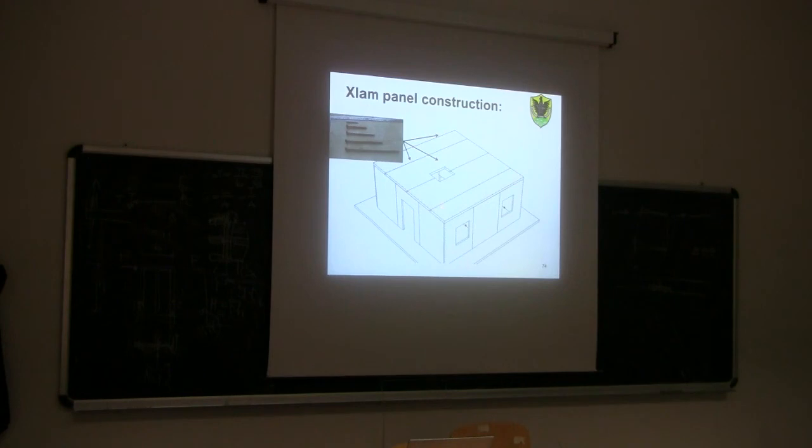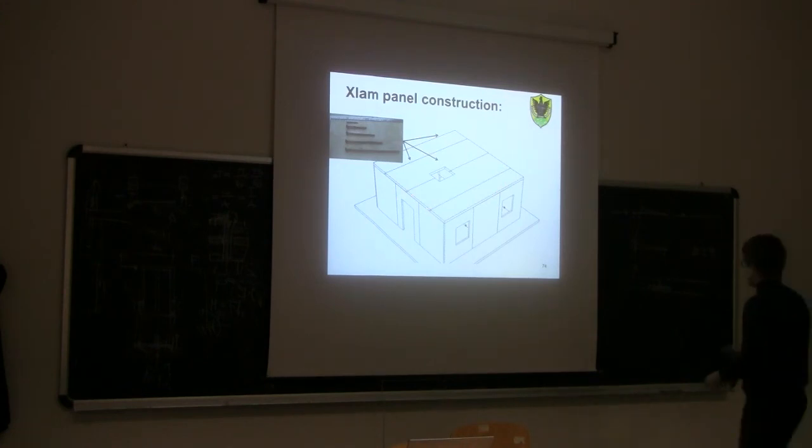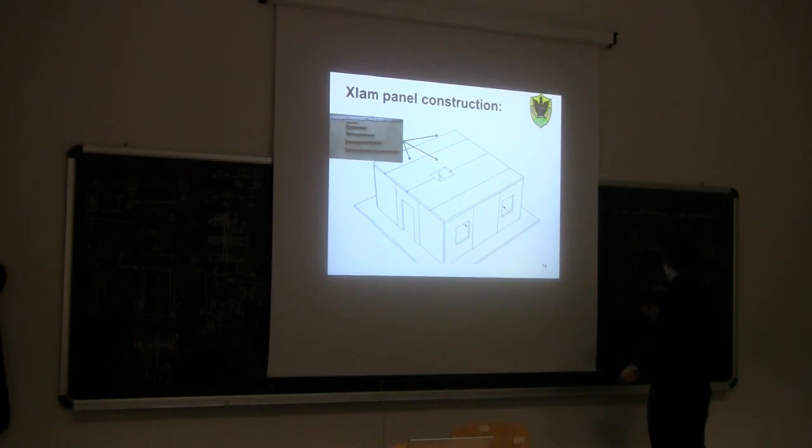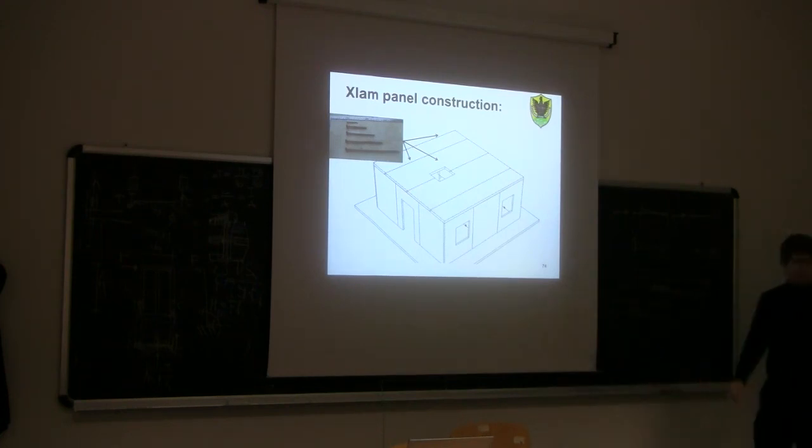Those strips of floor are connected to the walls using self-drilling screws, and are also connected together with this kind of joints. So if this is one panel, one strip of floor, and this is the other strip. And here again we have some screws.